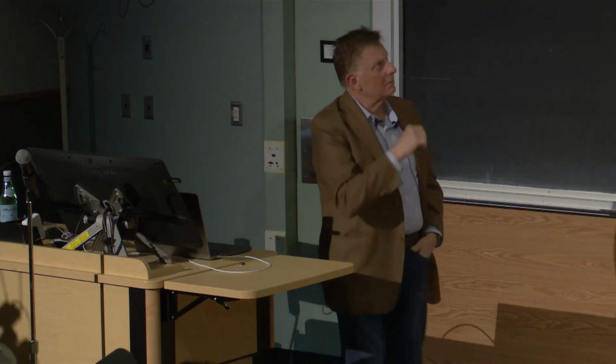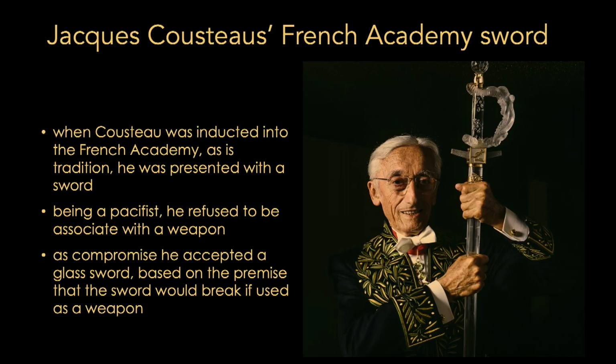A short anecdote about glass fracture. You recognize this person, Jacques Cousteau, the ocean explorer and nature conservationist. He was inducted 30 years ago into the French Academy, and as one of the tokens that people get when they get into the academy, they get a sword. All the members of the French Academy have a sword. And he was a sworn pacifist and decided, I'm going to refuse the sword.